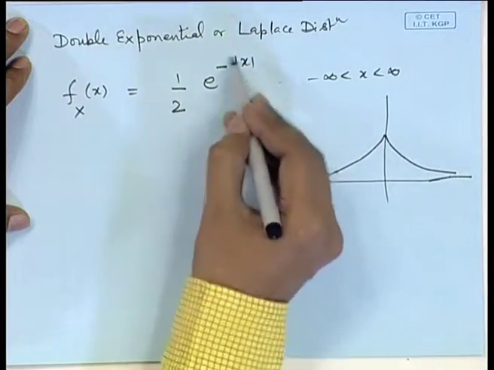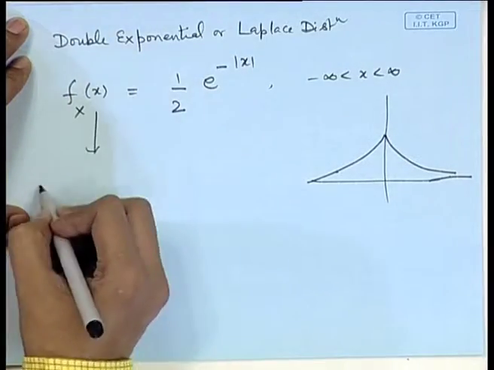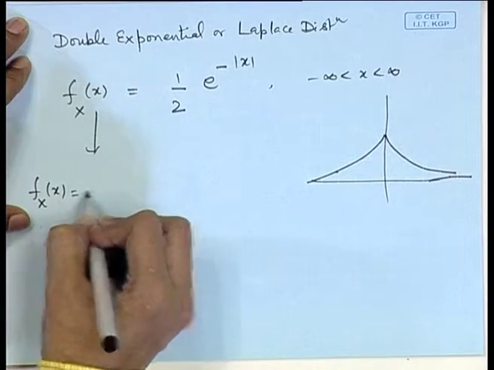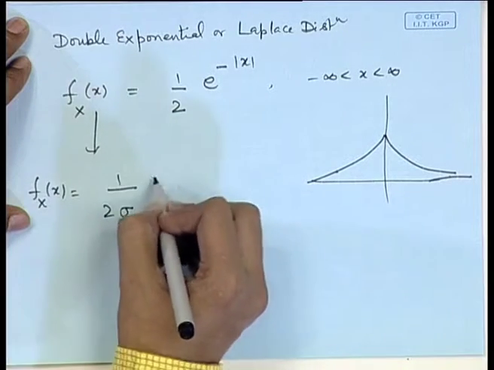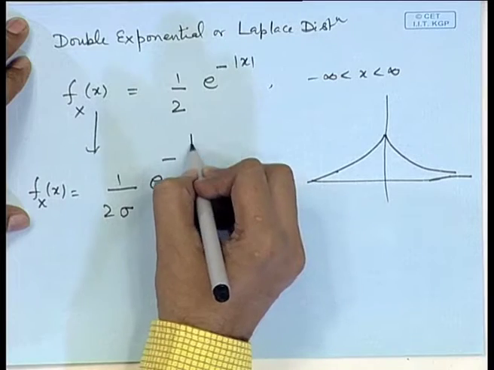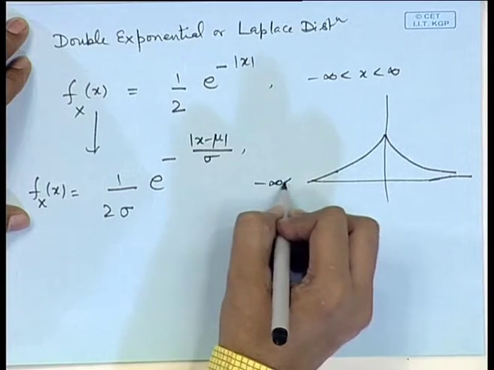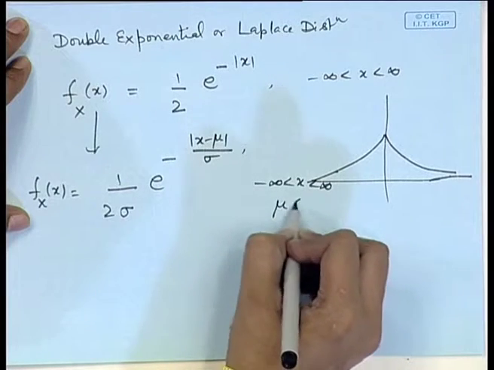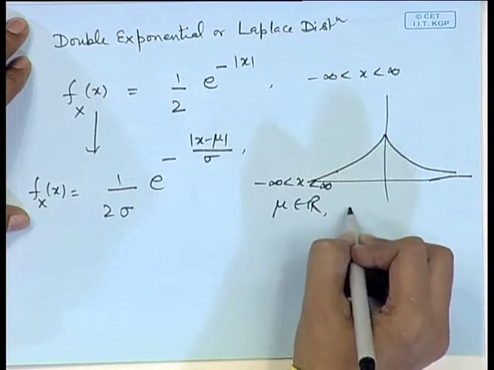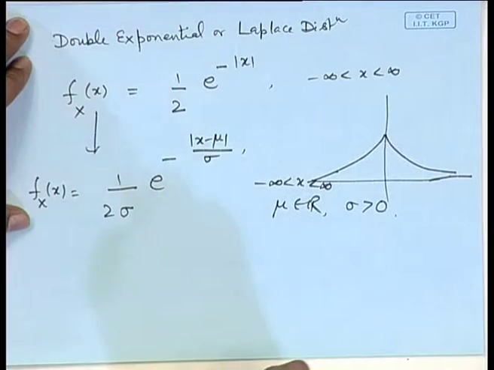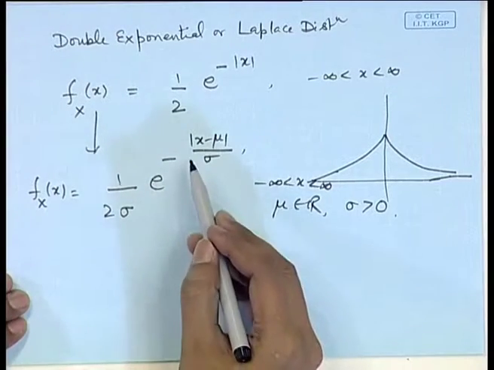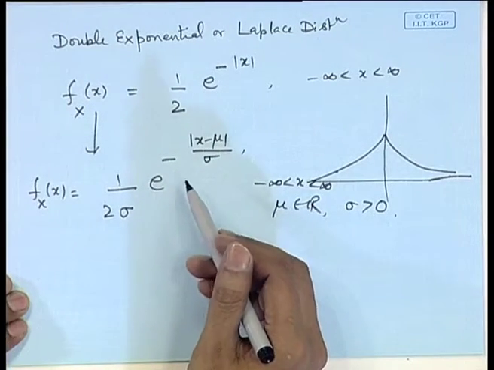Of course, we may introduce parameters here. We may consider 1 by 2 sigma e to the power minus |x minus mu| by sigma, where mu is real and sigma is a positive parameter. So, this is known as a double exponential distribution.